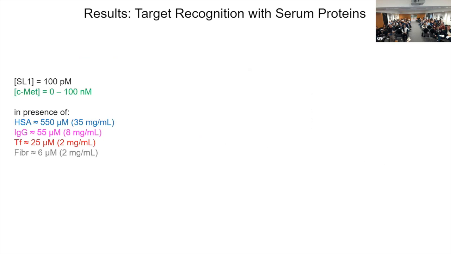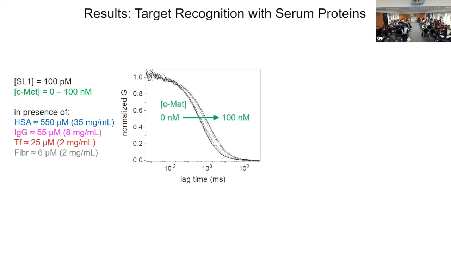So finally, the last experiment: we basically performed the same titration with the target protein, but not in pure solution, but in the presence of these 4 serum proteins at their physiological concentration. And actually, the results are quite nice. You see the usual shifting of the curve, indicating the binding.